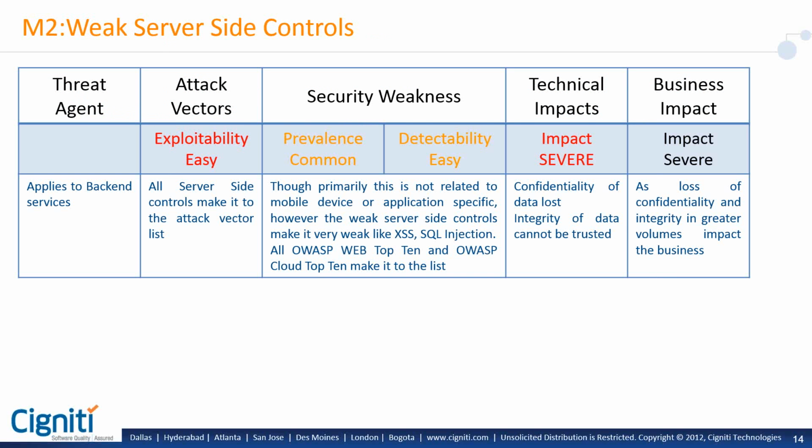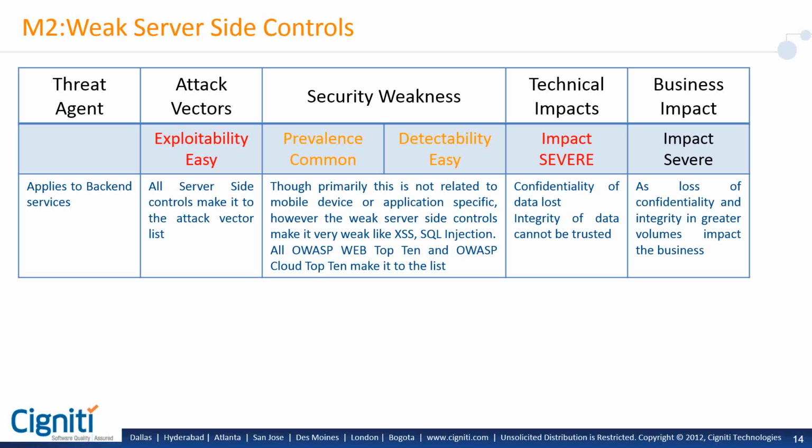Moving to the weak server-side controls, the second risk, this threat agent applies to the backend services. At the end of the day, the mobile device gets synced up with a web server or with a server-side control.